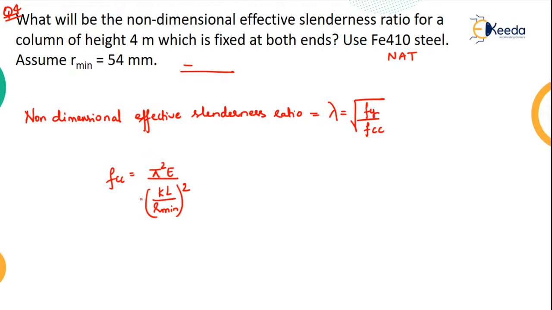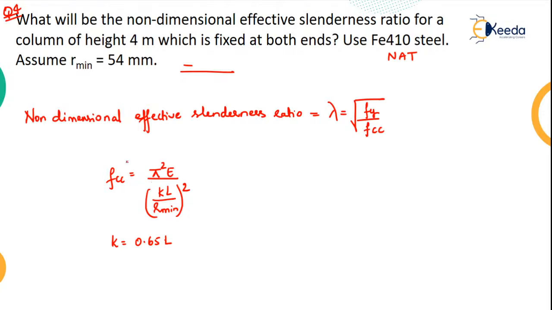Now let us see what all values are given to us. In this also K is nothing but 0.65 L. Let's see what all things are given. A column of height 4 meters, which is fixed at both the ends.